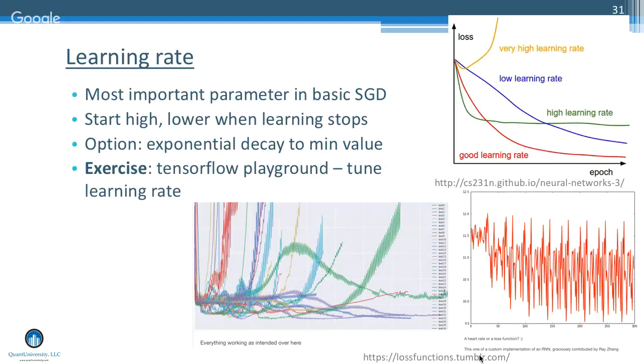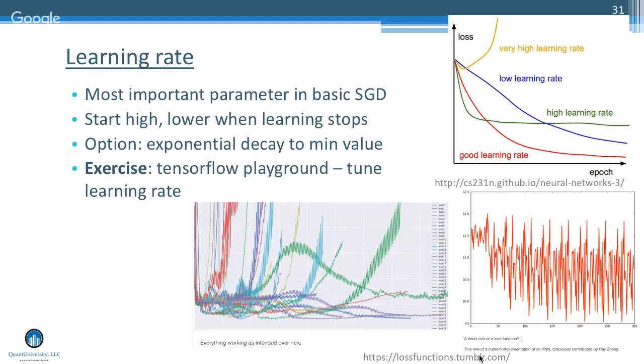There's this great Tumblr, lossfunctions.tumblr.com, that has lots of examples of crazy loss functions that people have seen in learning curves, right? So this is not what you want. Someone is training, I don't know, 30 different models, and many of them don't seem to work very well.